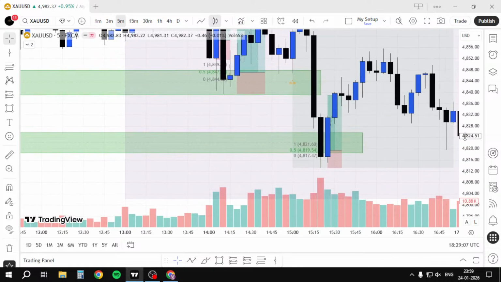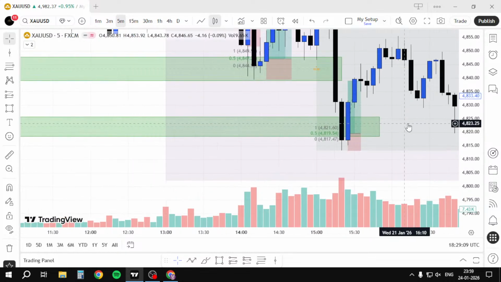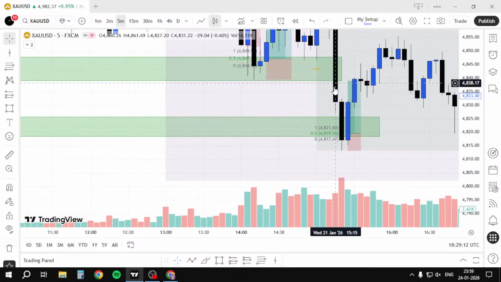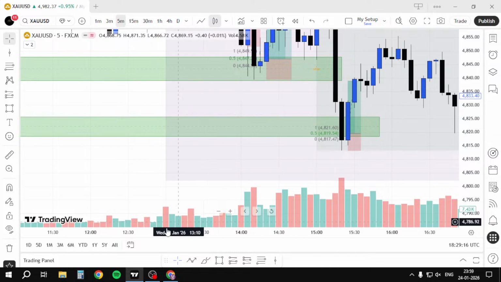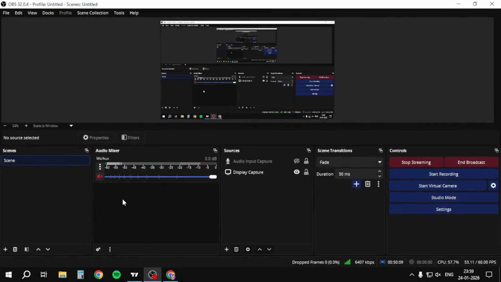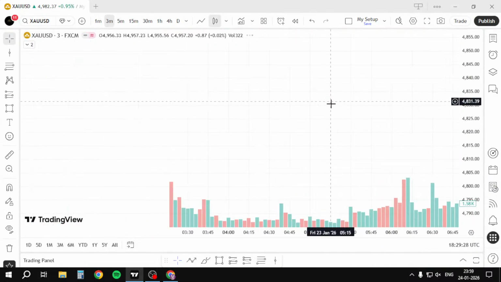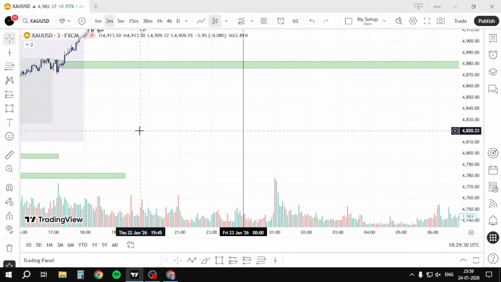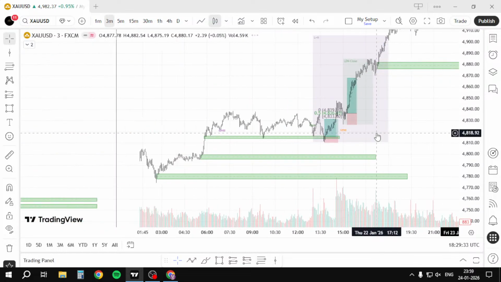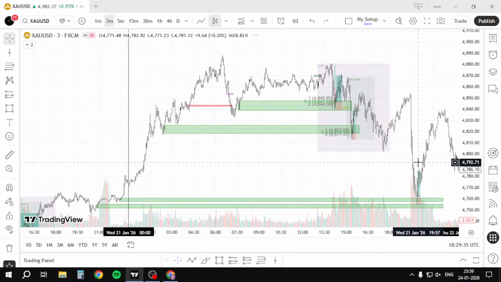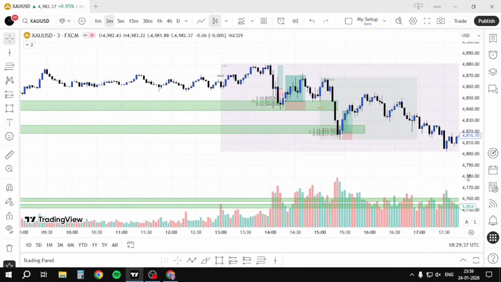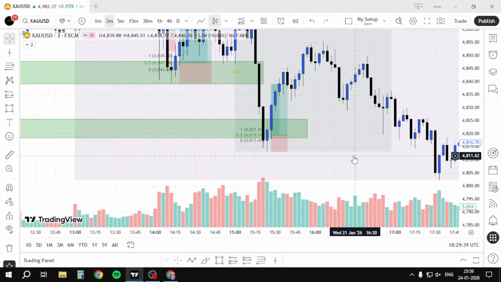Now see, here the 3 minute time frame comes. There is a small wick left behind. In the 3 minute time frame, you can see this candle already formed.